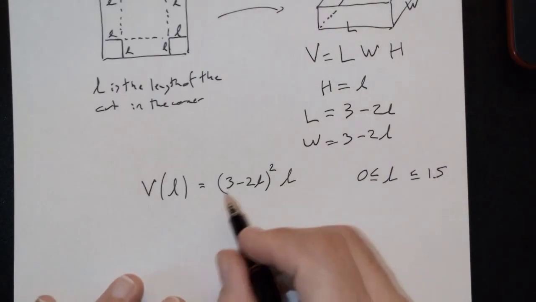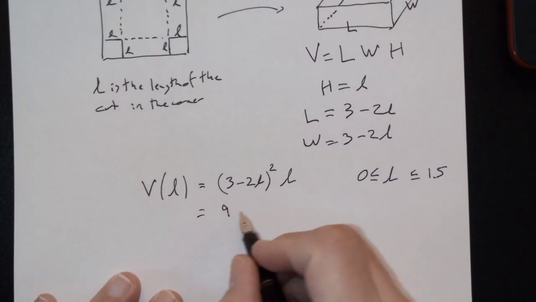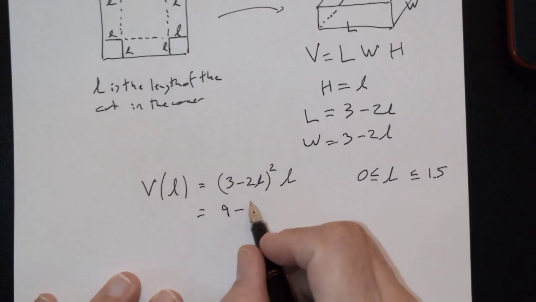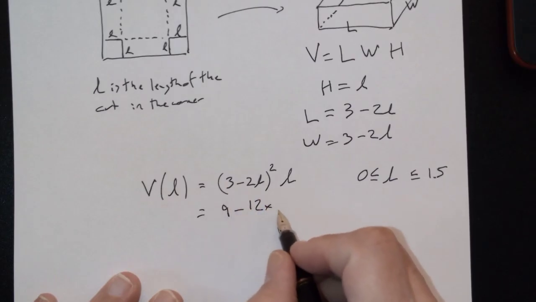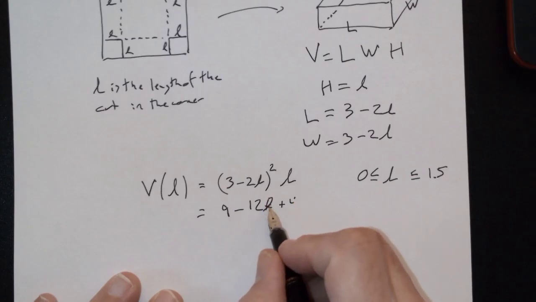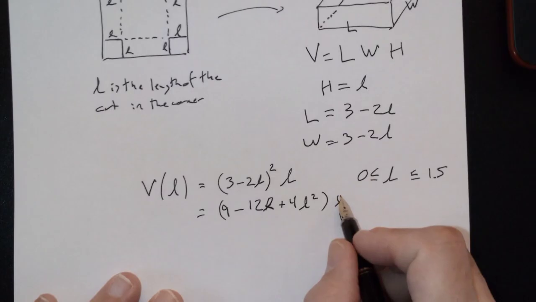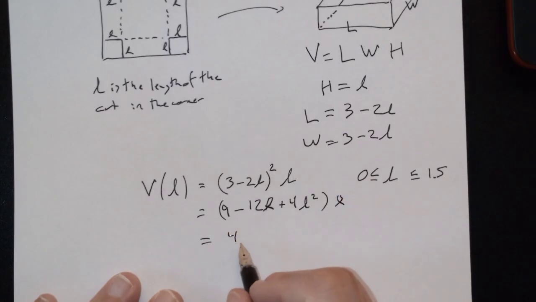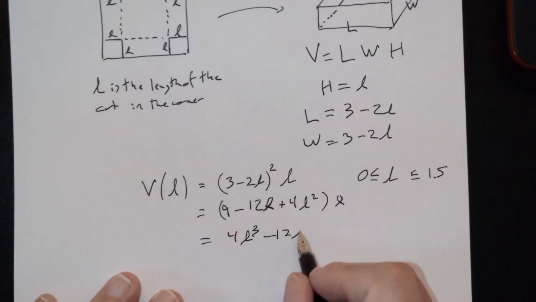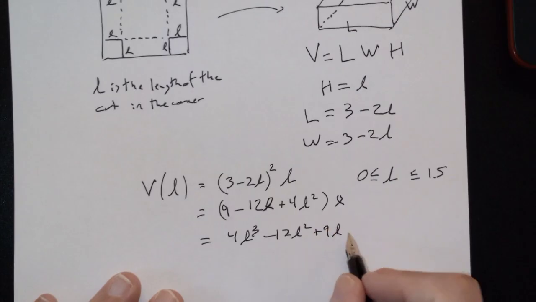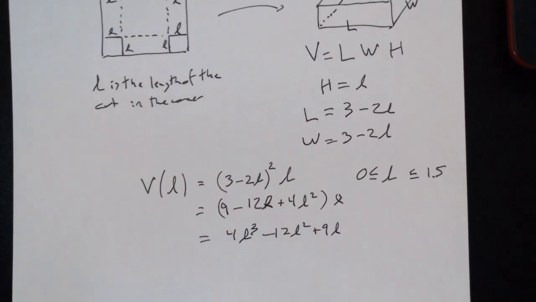Because if I square this out, L for L squared, I get 4L cubed minus 12L squared plus 9L. That's a polynomial. It's easier to take the derivative of. No chain rule, no product rule. It's easier to work with that way.